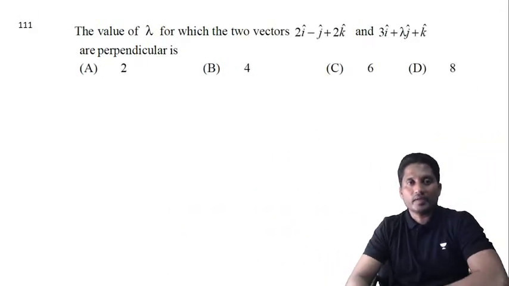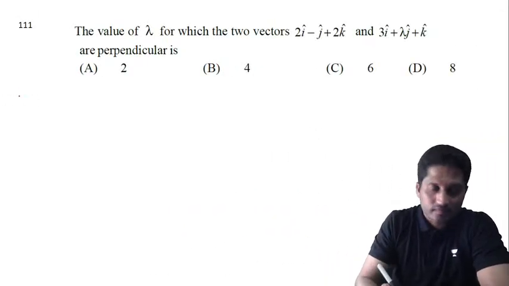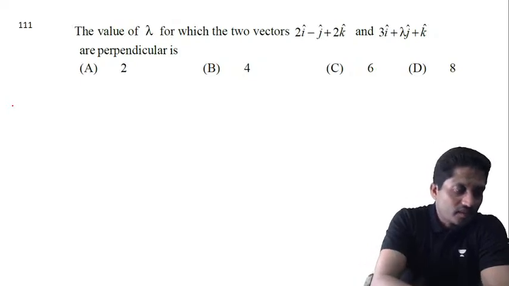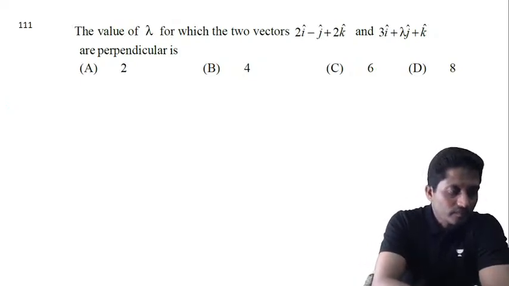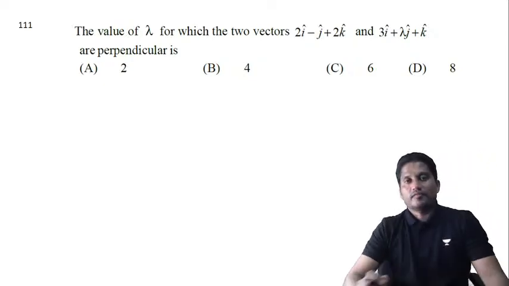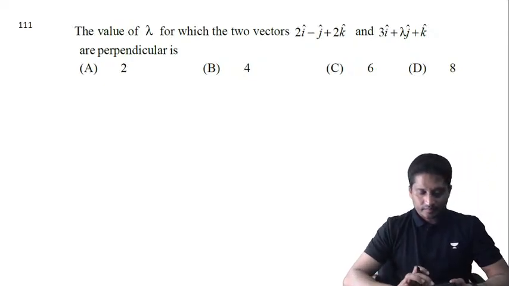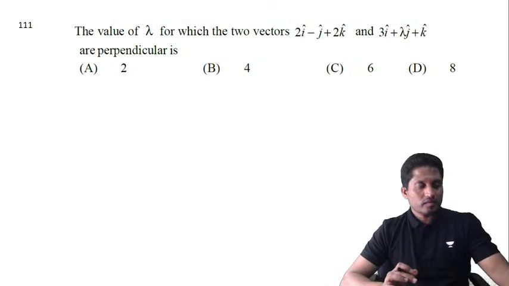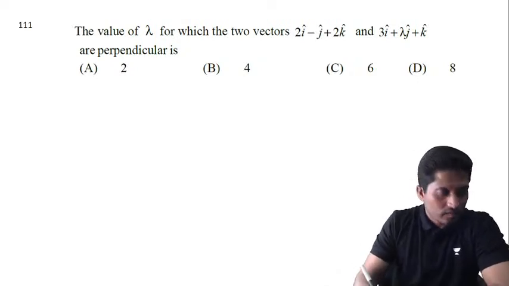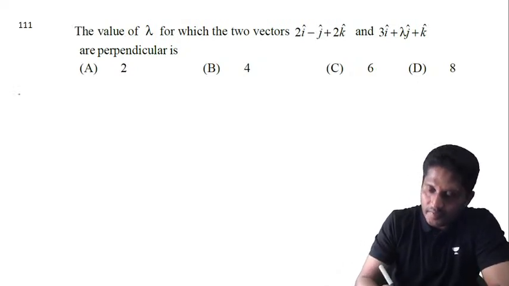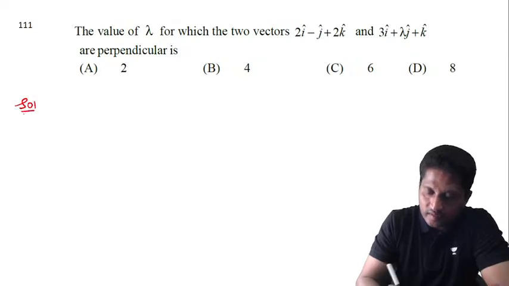Okay, question number 111. Find the value of lambda for which these two vectors are perpendicular. If they are perpendicular, A dot B should be 0, right?